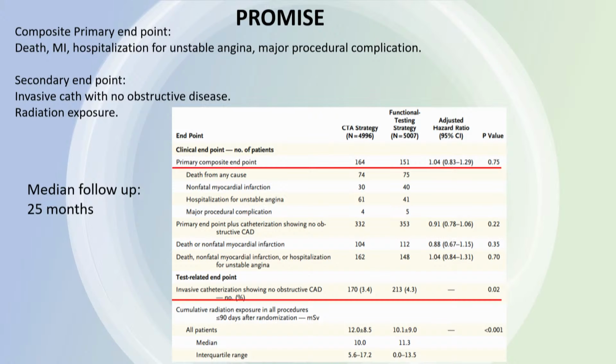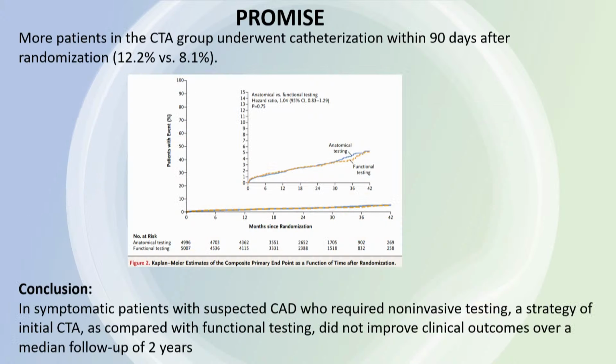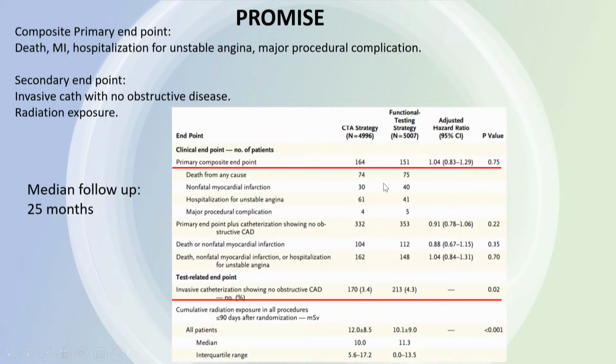And their primary endpoint, which is the composite of death, MI, and hospitalization for unstable angina, was not significantly different between the two groups, and it was roughly about 3% in either group. And there were fewer false positives with the CT strategy, meaning when the patients went for cardiac cath, they were less likely to show no obstructive coronary artery disease.